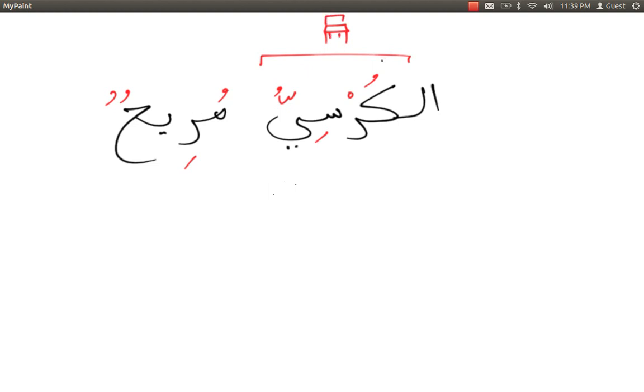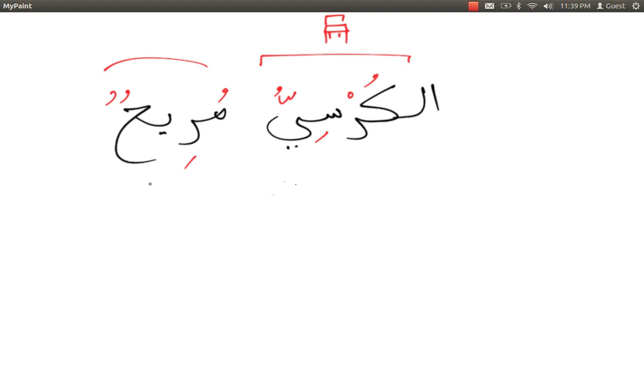Okay? Murih, this means comfortable. Now, someone is saying that the chair is comfortable. The sentence is the chair is comfortable.